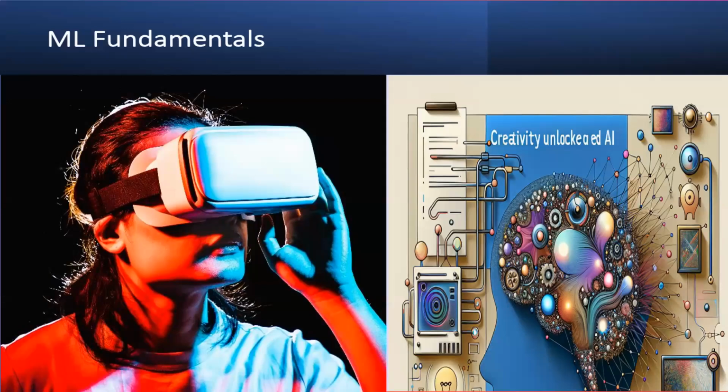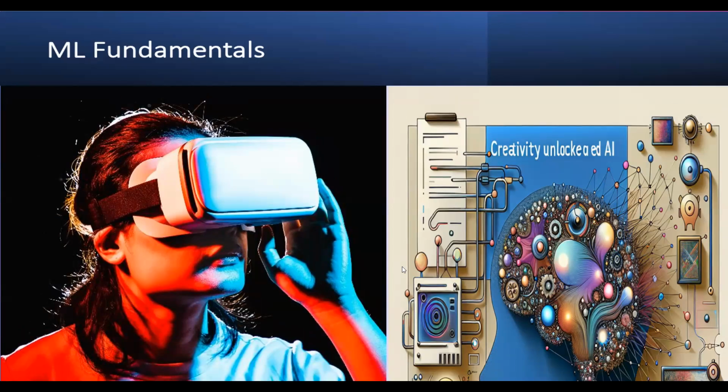Next, what is machine learning? You have to learn it. Machine learning is divided into 7 steps. First, you have to collect the data. After that, you have to prepare the data. Step 3 is choosing a model which is best fitted for the problem. After that, you have to train the model. After training, you have to evaluate.